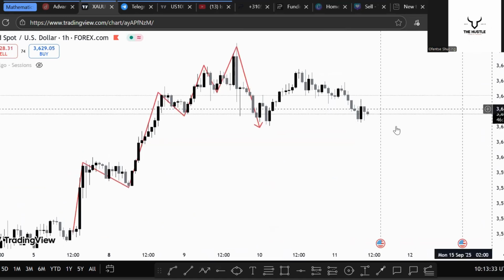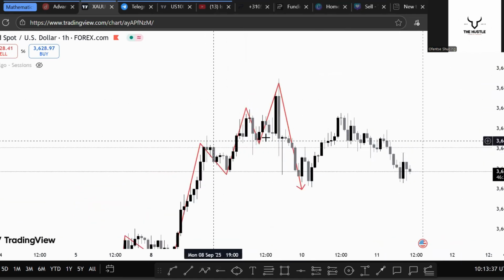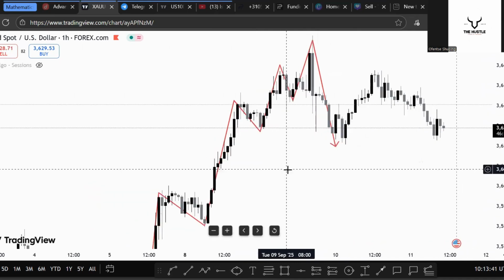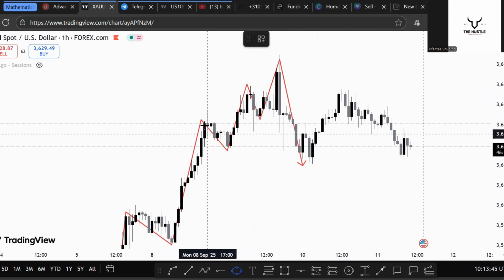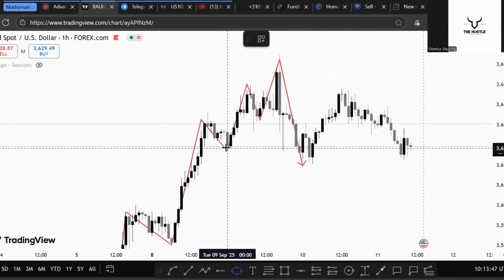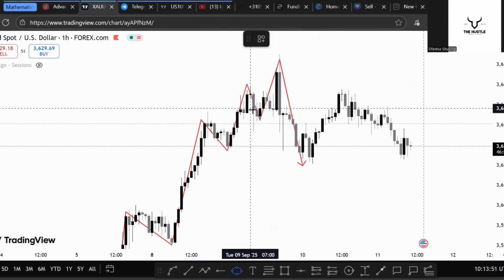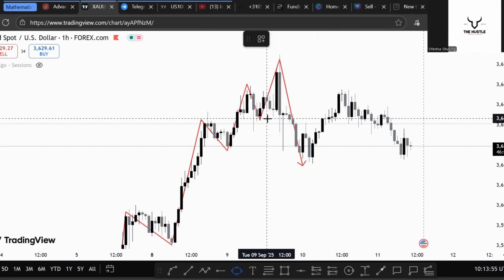As you can see, I did say that the market would give you indications, right? And the market has been giving indications as it goes up. It creates this high, comes back, corrects, creates this other high, comes back, corrects, creates this other high, and then now it breaks the structure.